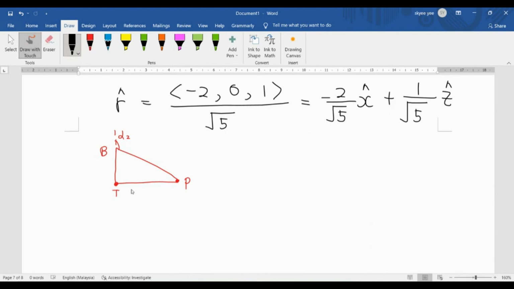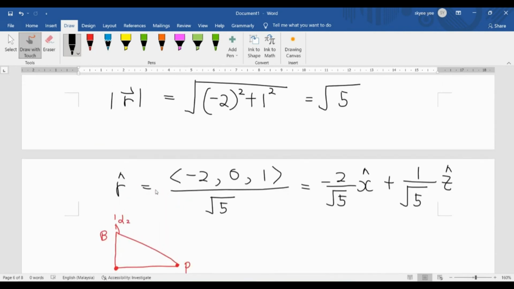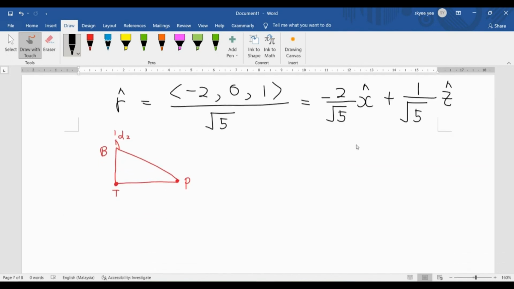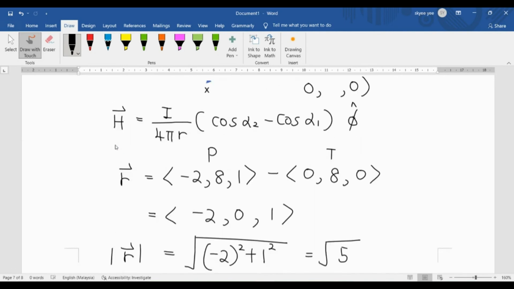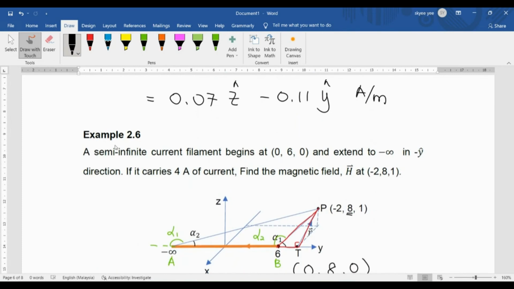This is the distance between point P and point B, which is square root 5. Hold on, let me check again. This one begins at this point.